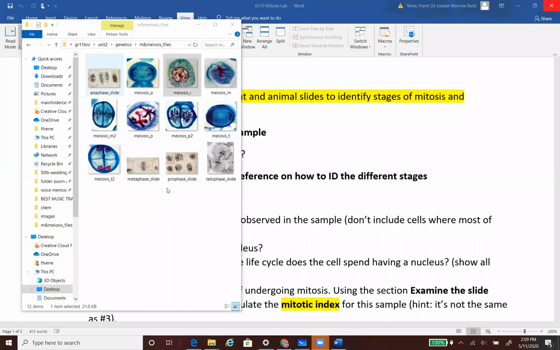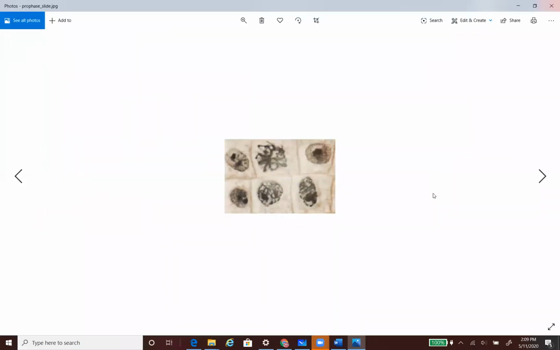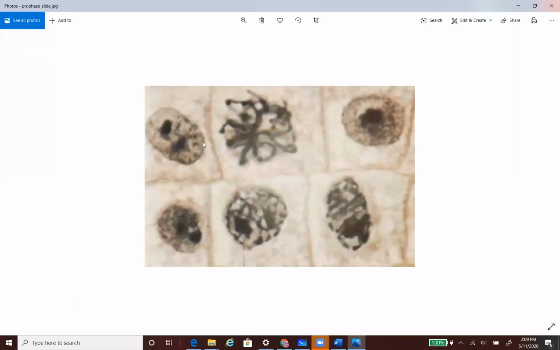Let me make this smaller. All right, let's look at this slide. Okay, so for example, this slide here, you can see the chromosomes. So I would say that's prophase. But if I look at this top right corner, I don't see the chromosome. So I would say that that one's in interphase.